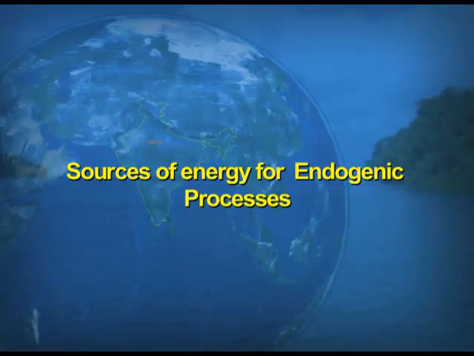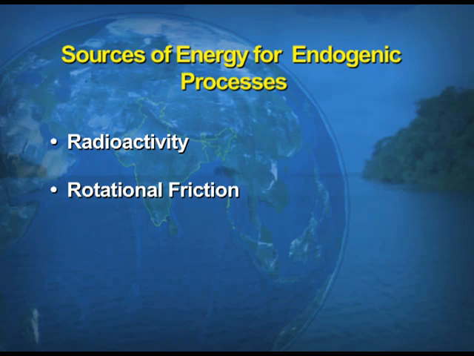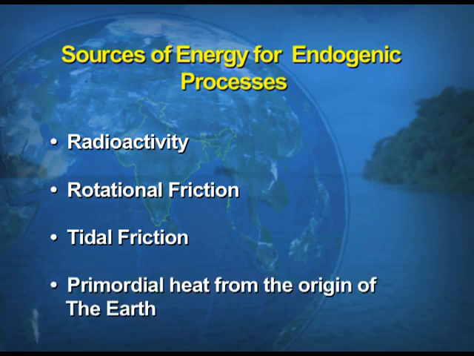Now the question arises, if these actions are internal and take place within the earth's surface, what are the sources of energy for these endogenic processes? So I will list out the sources of energy. Number 1, it is the radioactivity. Number 2, it is the rotational friction. Number 3, the tidal friction. And number 4, that is the primordial heat from the origin of the earth.